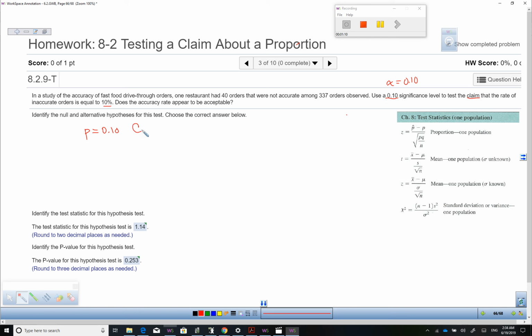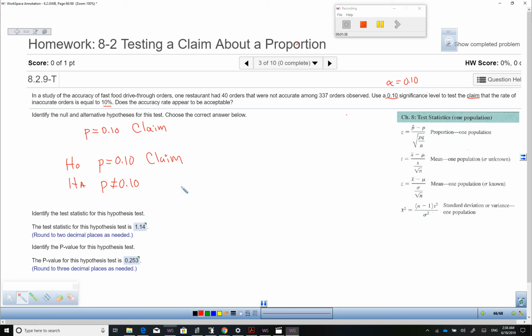This is the claim. If you translate this wording into a mathematical statement, that goes on the null hypothesis. The null hypothesis only takes equality as a mathematical statement, and the alternative hypothesis will be p is different than 0.10.